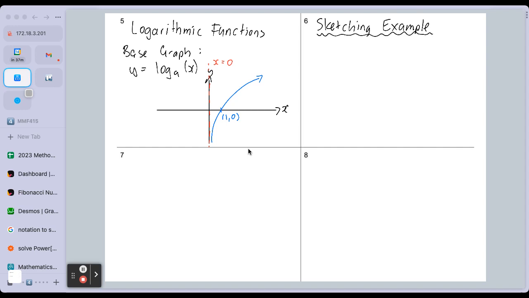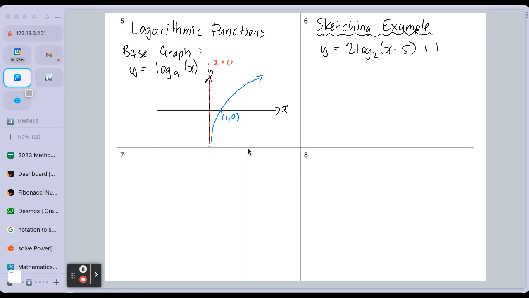I've picked a fairly straightforward one just so that I can get it going pretty quick, and then you can go from there. You can ask lots of questions as you go into the harder ones in the textbook. So y is equal to 2 log base 2 of x minus 5 plus 1.